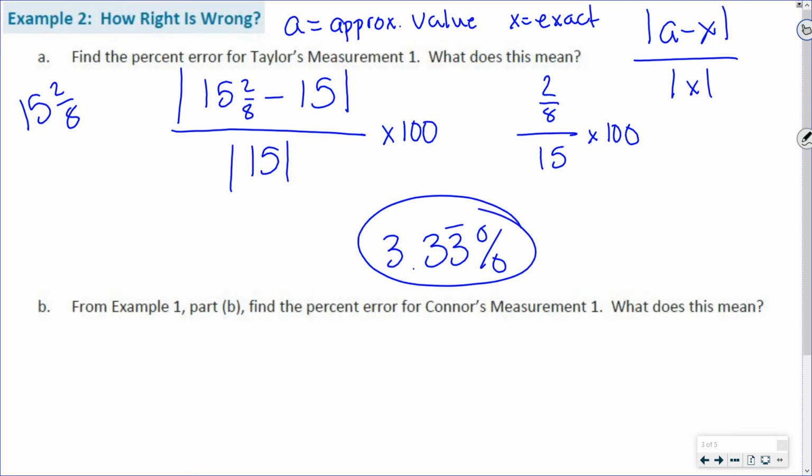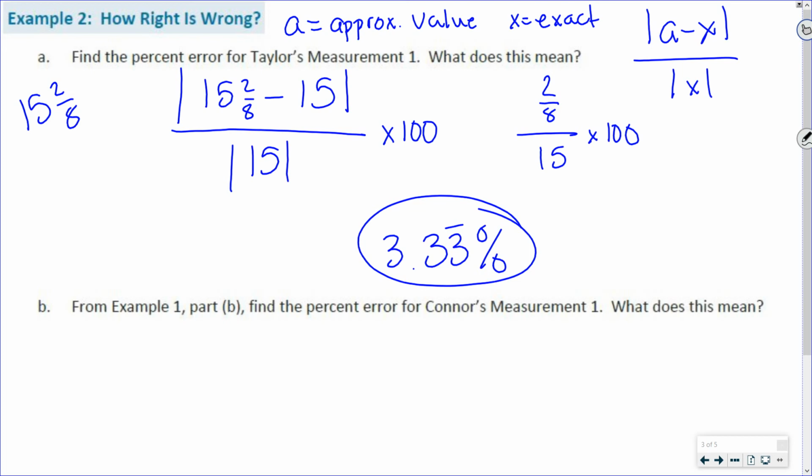He was only 3.33% off of the actual measurement. All right, so that's not bad to only be 3.33% off. Now, what does this mean? It means that when Taylor made his measurement, he was off of the actual measurement of the computer monitor by 3.33%, or 3 1/3%. That's what it means, okay, that his measurement was only off by 3 1/3%.